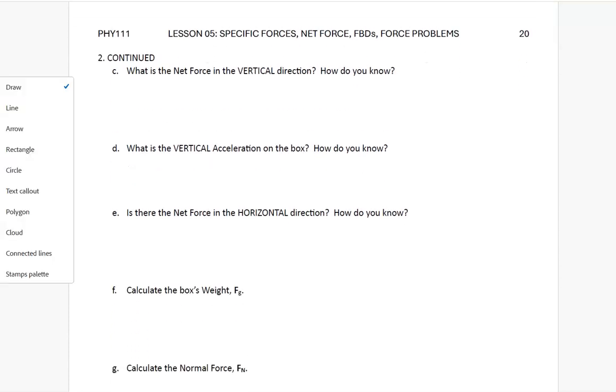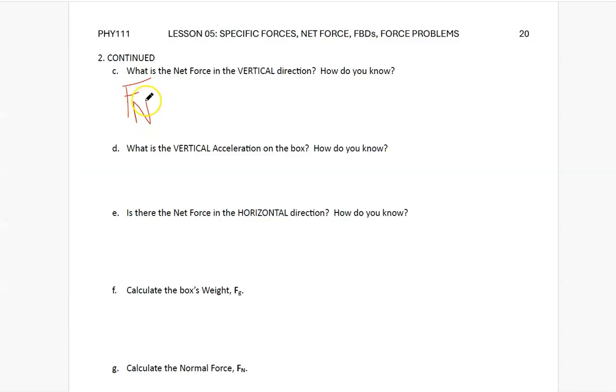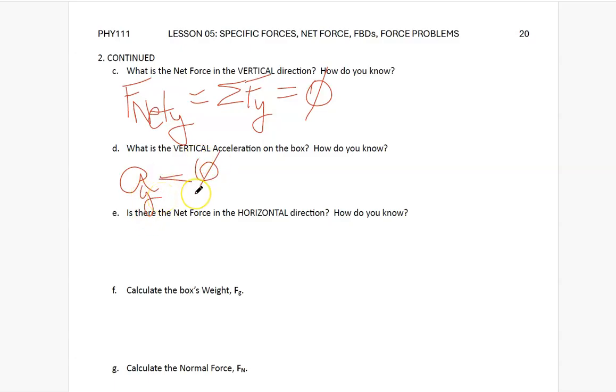Well, we're asked for what is the net force in the vertical direction. Well, we know the net force in the vertical direction, which is the same as the sum of the forces in the vertical direction, is 0. How do we know it? Because there is no net acceleration in the vertical direction. Acceleration in the y direction is 0. Why?